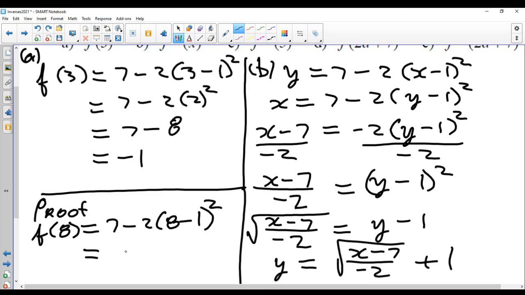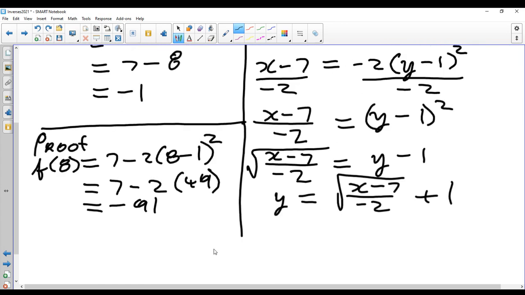So that should be equal to 7 minus 2 times 49, and that would be 7 minus 98, which should be minus 91. Can you check that for me, please? Make sure I got that right. Double check 7 minus 2 times 49 on your calculator for me, please. Am I good? Thank you.